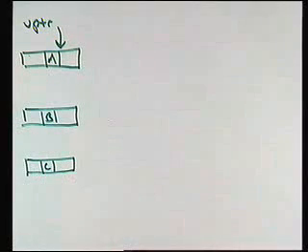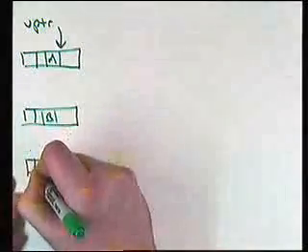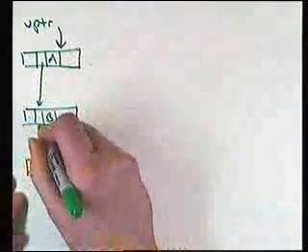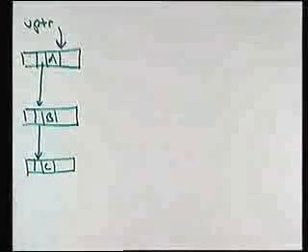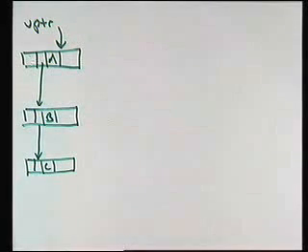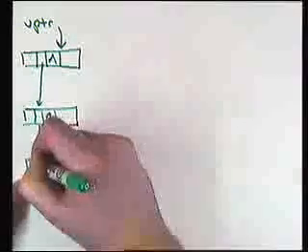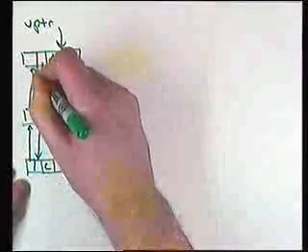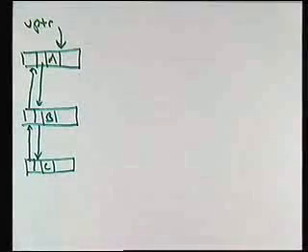I said they were a list, so we definitely want to connect these. What we will also do is make it a doubly linked list, because that will allow us to go from first to next to next, or from last to previous to previous very easily. So we'll make them doubly linked. And in order to facilitate easy removal, we'll also make it a circularly linked list.